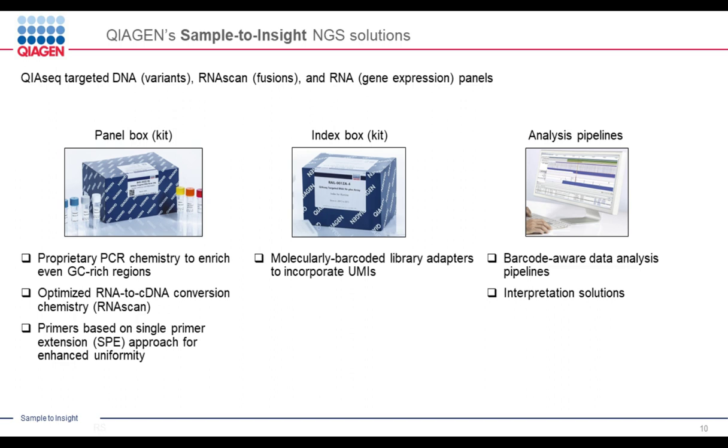And this box contains the molecularly barcoded library adapters to incorporate unique molecular indices. And as you'll hear from Rupert, the analysis pipelines do analyze data based on unique molecular indices, and there are sophisticated interpretation solutions to allow you to take the data that you generated from the panel and interpret it for your purposes. I will turn it over to Rupert now.